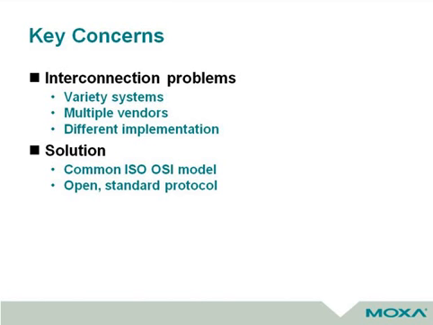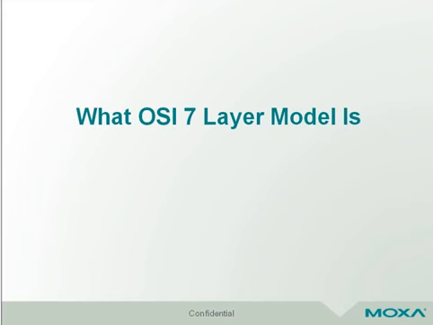These devices may be made by different vendors and different systems or different structure. So, how to connect them together and communicate with each other? The ISO, International Organization for Standardization, defines an open standard protocol for solving this issue, and which I will introduce in the following slides. Let's start about what OSI 7-layer model is.